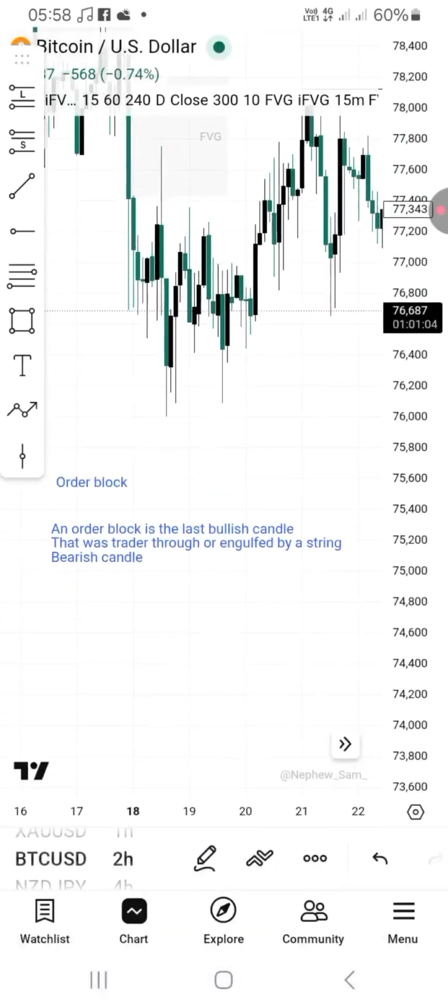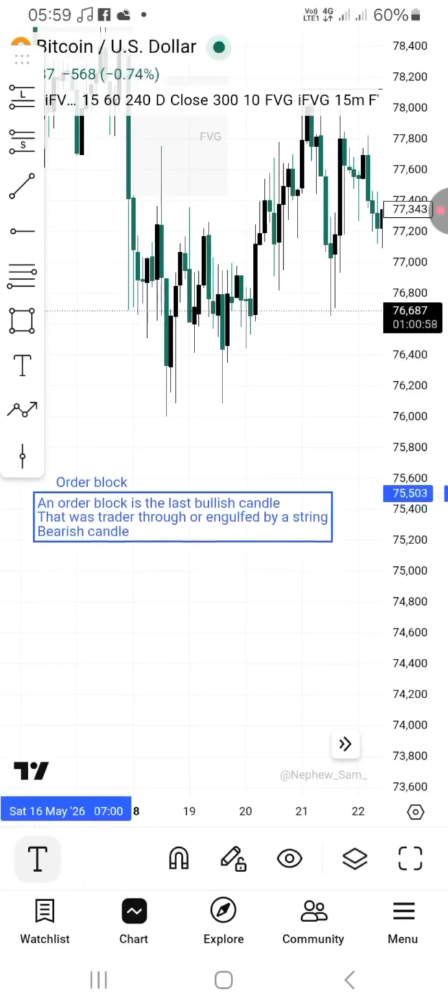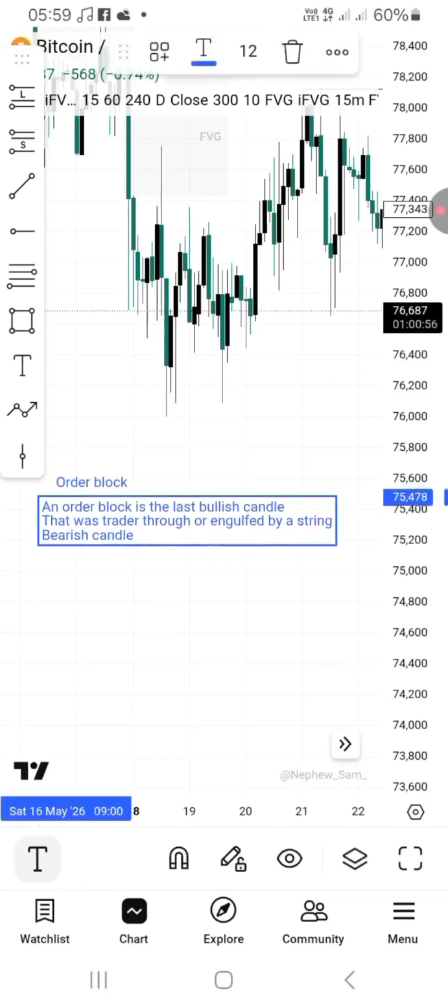As if we're looking at an order block in a bearish market. So in a bullish market, it is just the inverse of it. A bullish order block is a bearish candle that was traded through by a bullish engulfing candle.